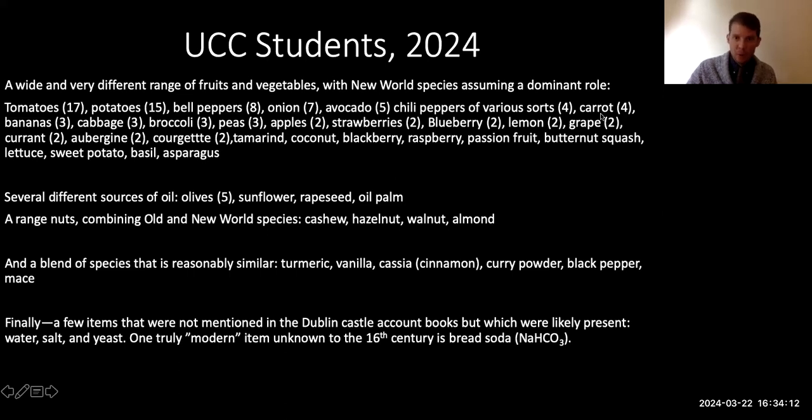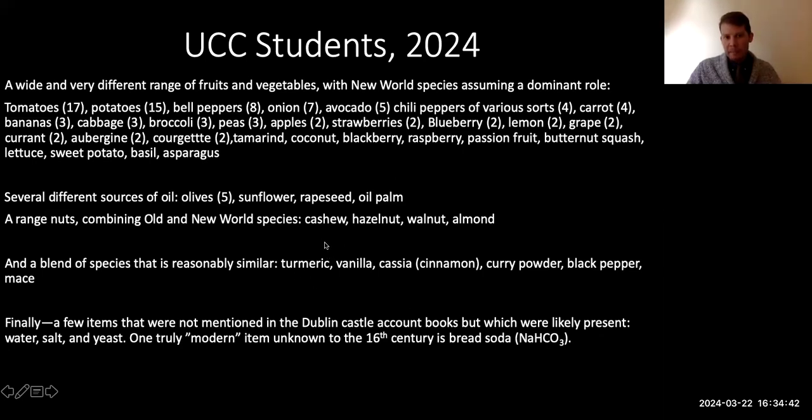There are some old classics here, carrots, cabbage still around, the various brassica family. But there's also a number of items that were completely unknown, exotic things in 1594. Say tamarind, coconut, passion fruit, absolutely fantastic that someone was cooking with passion fruit.